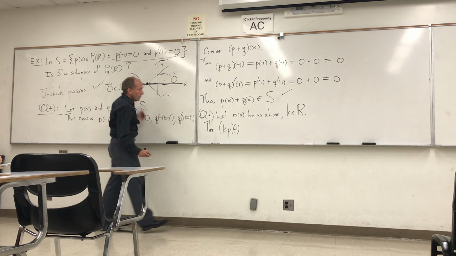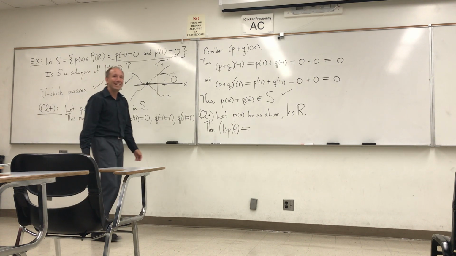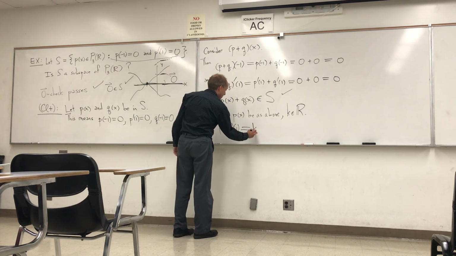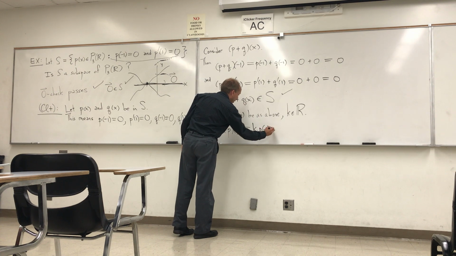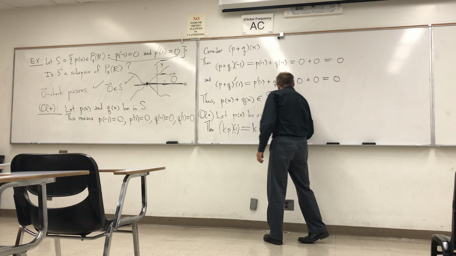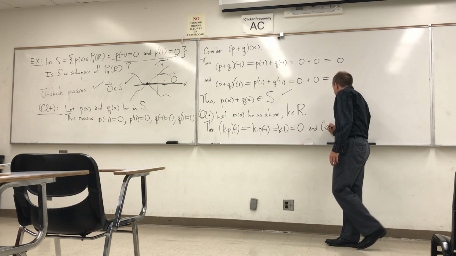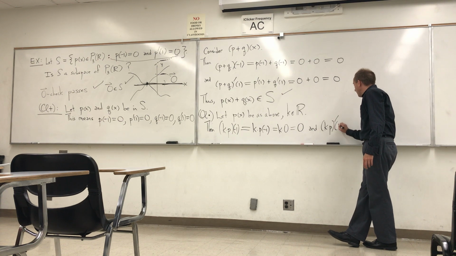What do I get right here? K times P of negative 1 is what? K times 0, and that equals 0. Great. And we also have to calculate K times P prime of 1.